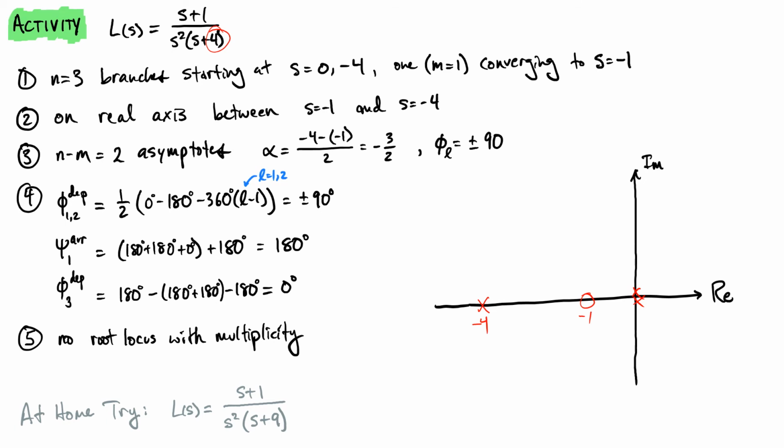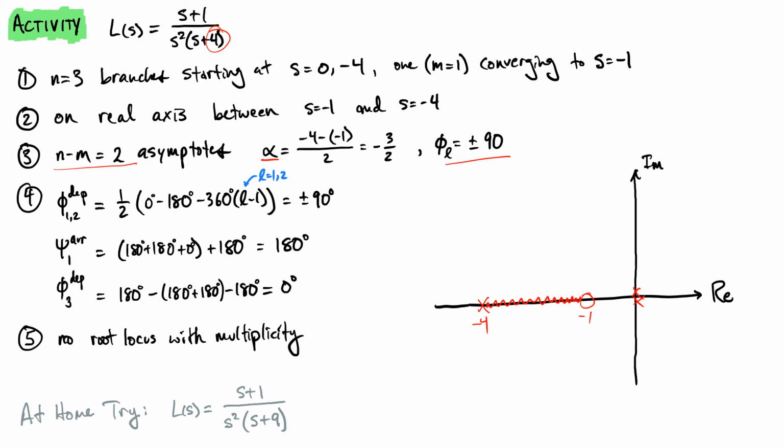And so by the same logic that we had before, we know that it's going to be on the real axis between these points, between the 0 and the pole at minus 4. We know that we're going to have asymptotes because n minus m is still 2. We're still going to have plus and minus 90 asymptotes. The location of those is going to change.